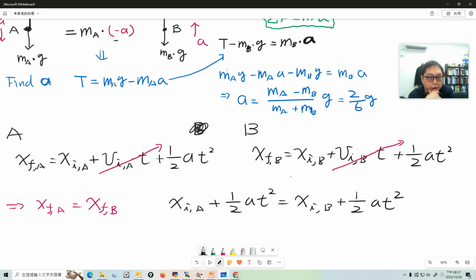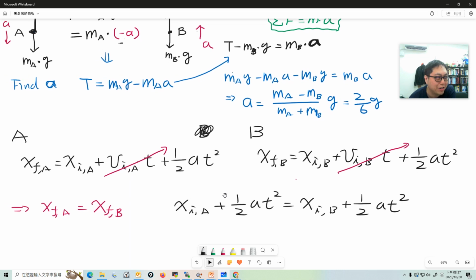Looks a kind of strange. Okay, let me check. Sorry, I understand. I made a very serious mistake. Like I said, the direction of acceleration is very important.